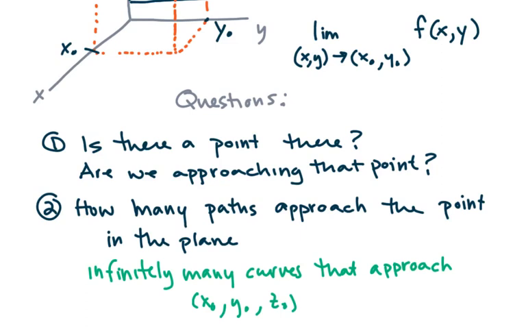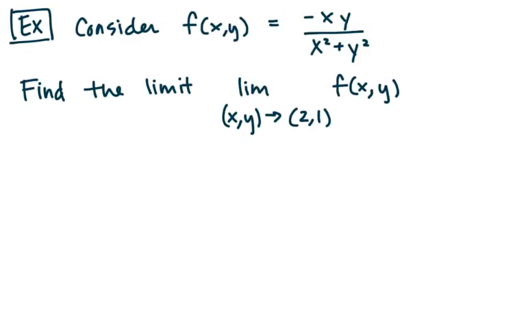Let's look at an example. So for our first example here, we're going to consider this function, f of x, y is equal to negative xy divided by x squared plus y squared. And we want to find the limit as any point in that plane approaches the point 2, 1 for this given function. Now, the first thing we generally do when we're dealing with limits is to plug it in.